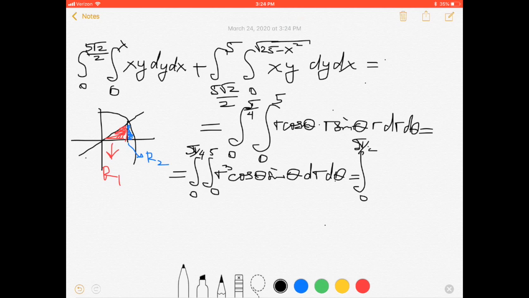Oops, I said pi over 4 but I wrote pi over 2. Okay, check. Pi over 4. Then r to the fourth over 4 times cosine theta sine theta d theta.